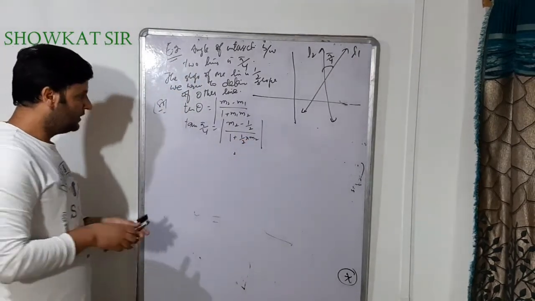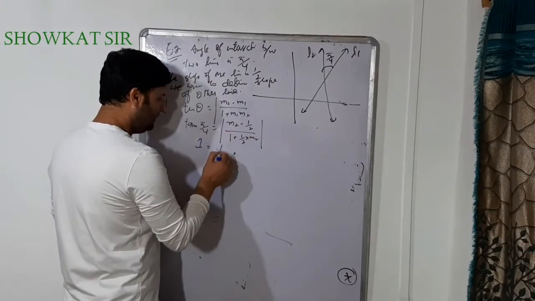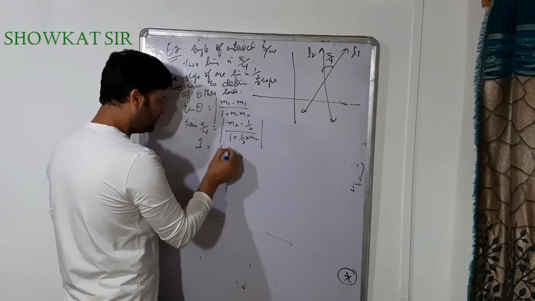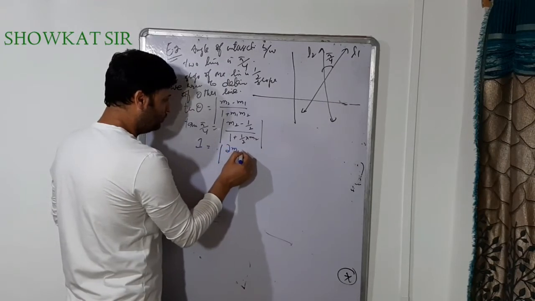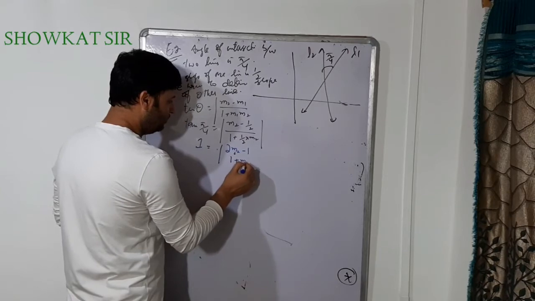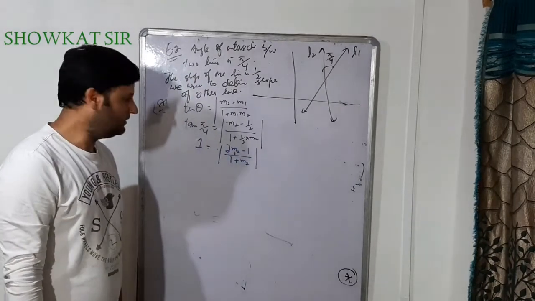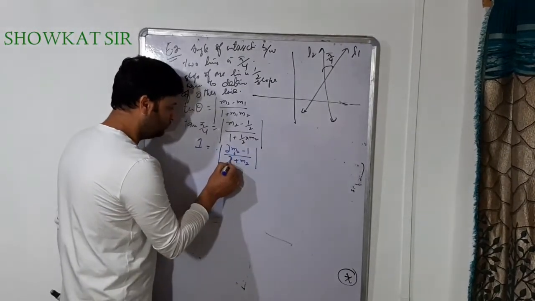Now tan pi by 4 is 1. On solving this, you will get 2m2 minus 1 divided by 2 plus m2.